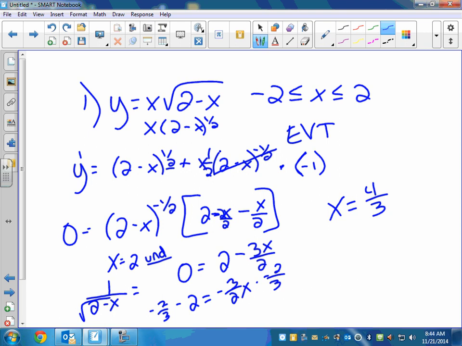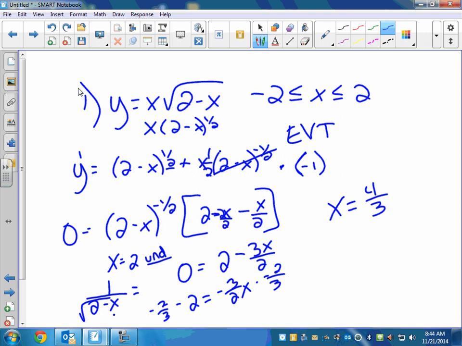And if you get a point that it's undefined in the derivative, but it's not undefined up here, which 2 is not undefined in the original problem, because you can't have the square root of 0 on the bottom. Right, which is what it doesn't equal 0, but it's undefined at 0, and you have to think about those points also.